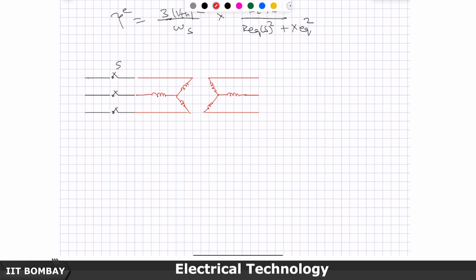3 phases which are there, and then you can think of these being connected to some kind of brushes. Let me change the color now.